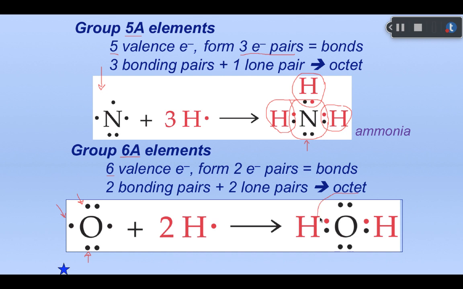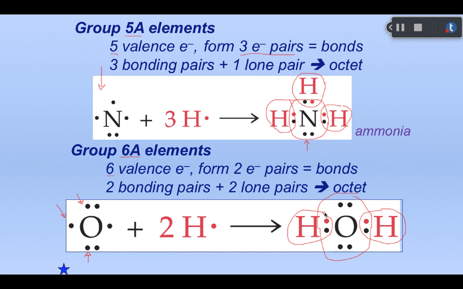The result is that you get an octet by having 2 bonds and 2 lone pairs around the oxygen, and the hydrogens still get just 1 bond, what can be called a duet, but normally we just talk about 1 bond for hydrogen, and that's a stable configuration like a nearest noble gas.